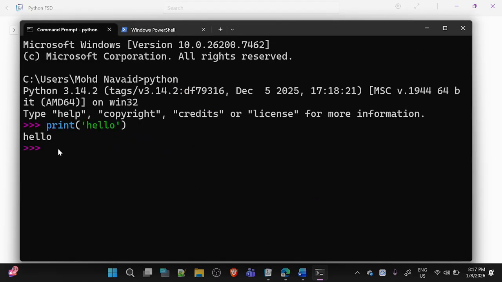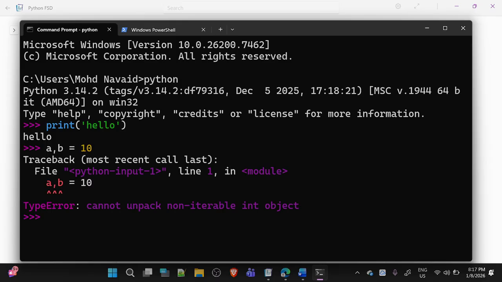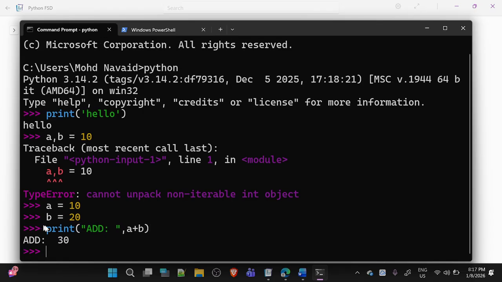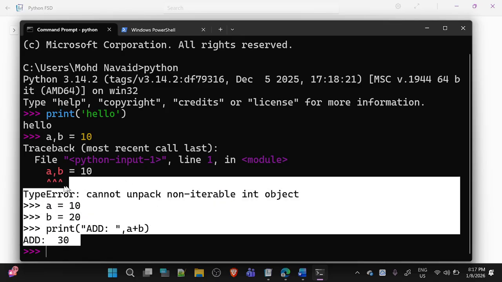But here the Python cell has already started. Okay, let's write it like this, no worries. a equals 10 and b equals 20, and if I write print, add, a plus b, I am following a certain syntax and I am getting the output.